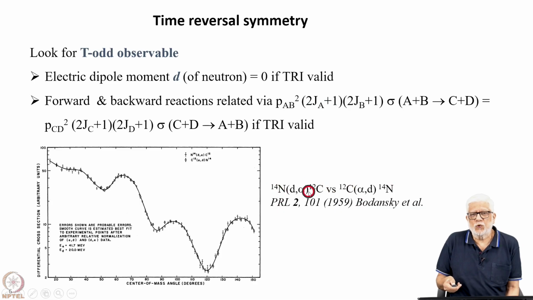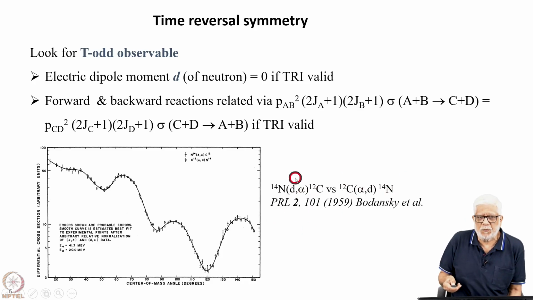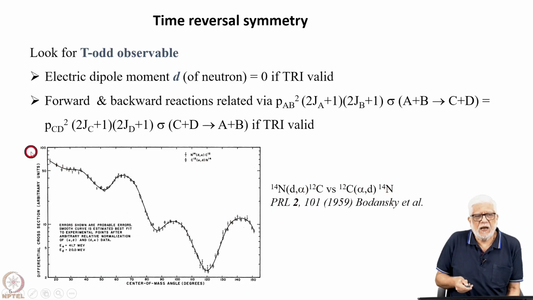So, nitrogen 14 plus a deuteron going to alpha plus carbon 12, but you look also at the reverse channel, carbon 12 plus alpha going to deuteron plus nitrogen 14, and this is the paper. And you plot these two cross sections in the center of mass of the system, and they fall on each other. So, at some level they could put a bound on possible time reversal invariance violating effects.